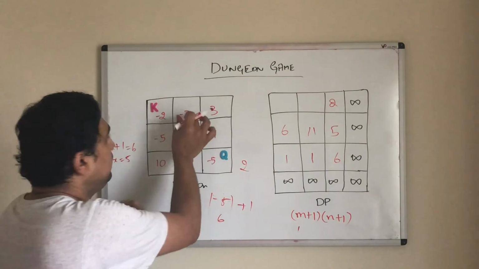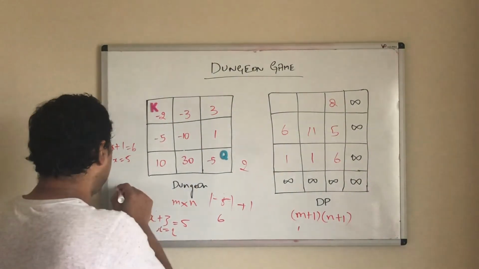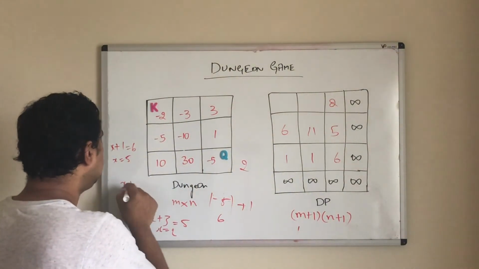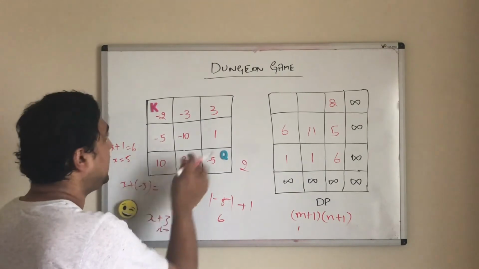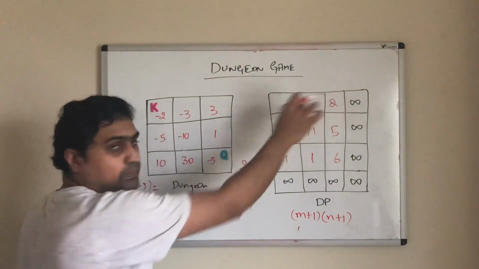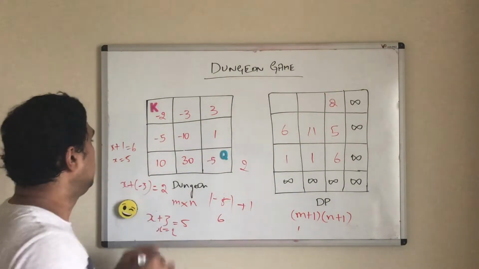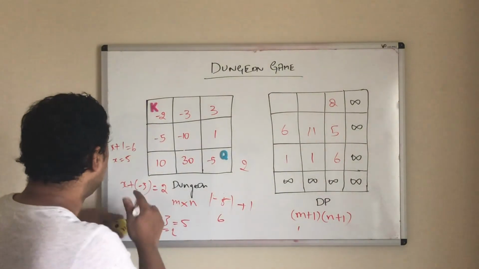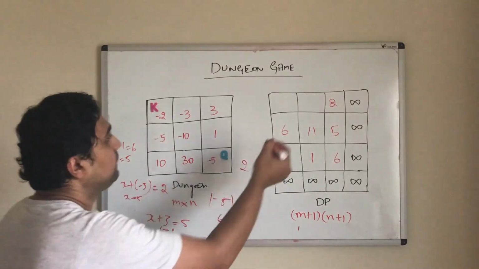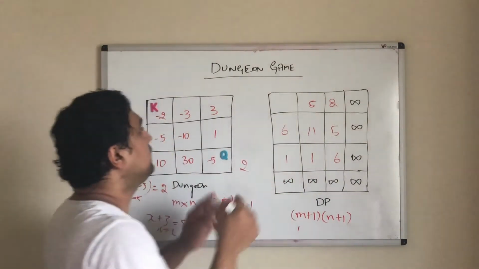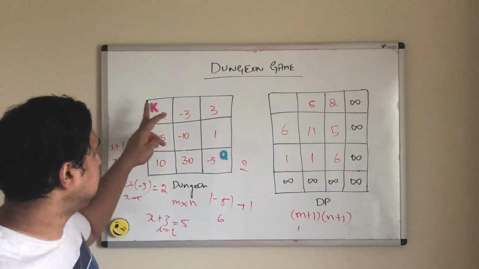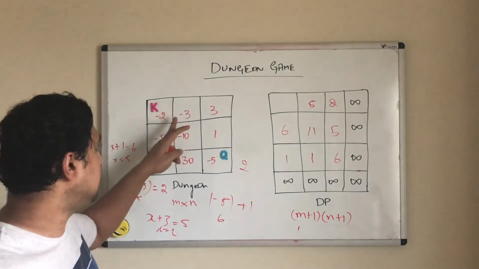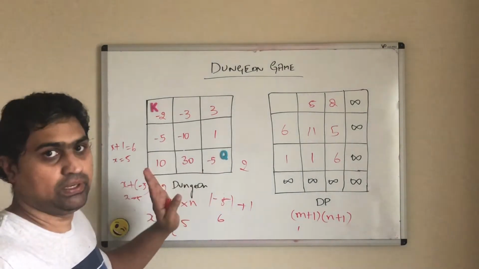Now if the knight has a health of x, then x plus minus 3 should add up to this value here, the minimum between these two, 2. Only in that case he is able to save the queen, isn't it? So x should be equal to 5. So if the knight has a health of 5, he is able to enter this cell and he is also able to save the queen.